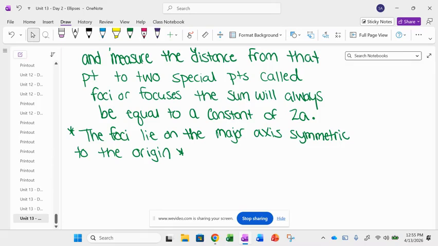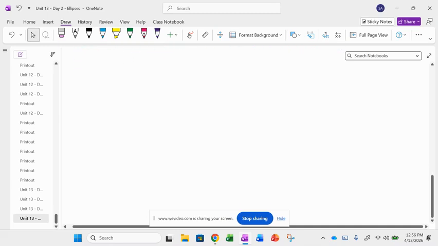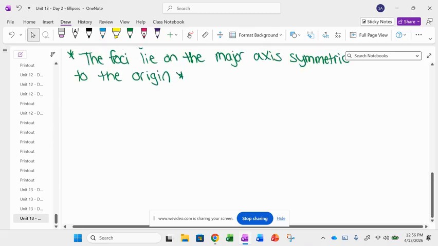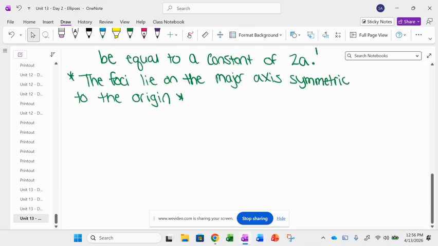What does that mean, symmetric to the origin? They're like the same distance. Good. It means they're both the same distance from the origin. So from the origin to one focus, if it's 1 unit, then from the origin to the other focus will also be 1 unit. That's what it means, symmetric. It's creating mirror images around the origin. All right, let's keep going. Sorry, I shouldn't write the origin. That's only if it's centered at 0, 0. We should say symmetric to the center.